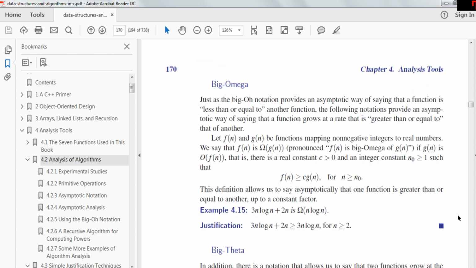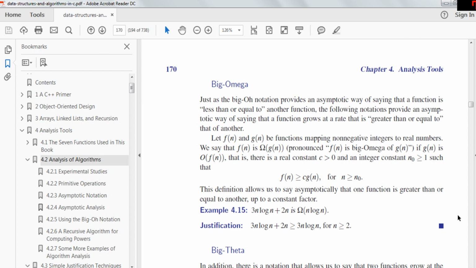Alright, let's talk about big omega. Just as big O provides an asymptotic way of saying that a function is less than or equal to another function, the following notation provides an asymptotic way of saying that a function grows at a rate greater than or equal to another. Let f of n and g of n be functions mapping non-negative integers to real numbers.